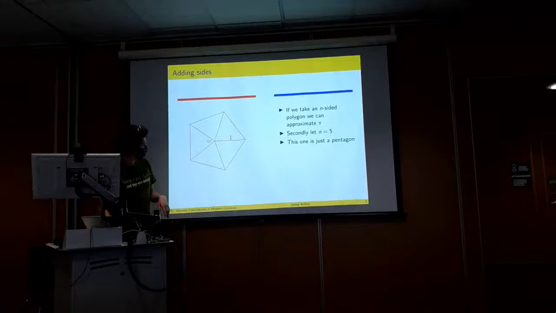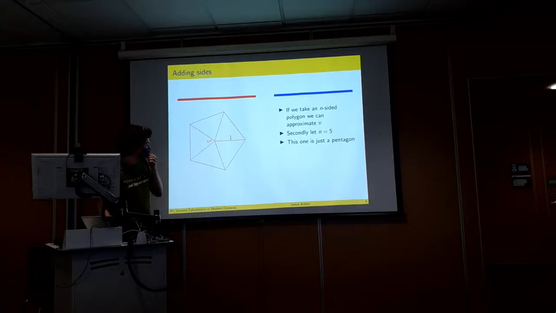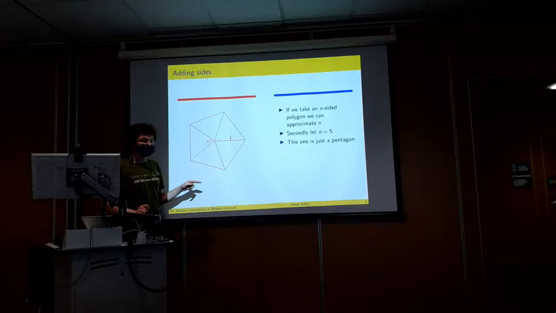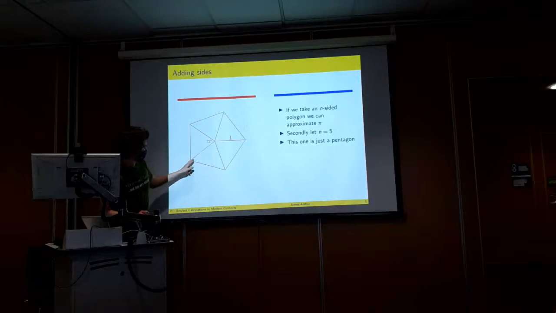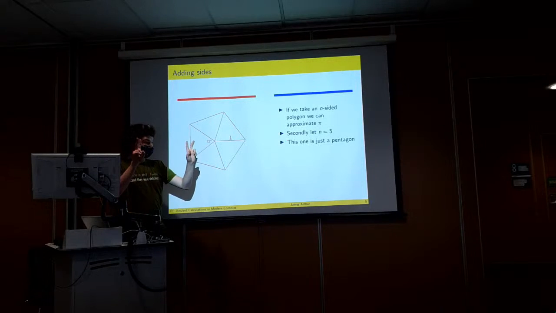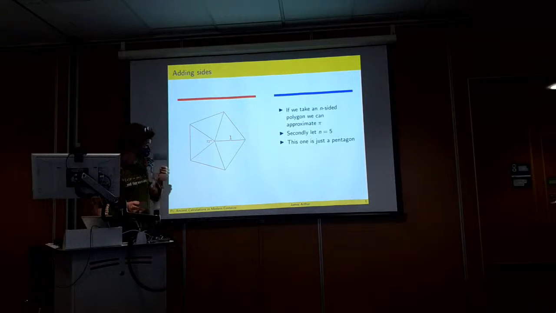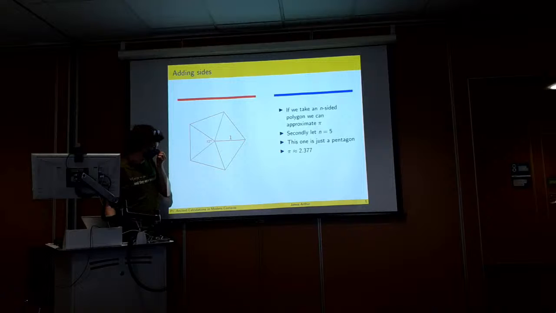Instead of 90 degrees, we split it into triangles with 72 degrees in the angle. The two sides have length 1 because they're radii. Then we can do half AB sine C, so we find pi is approximately 2.377, which is better.